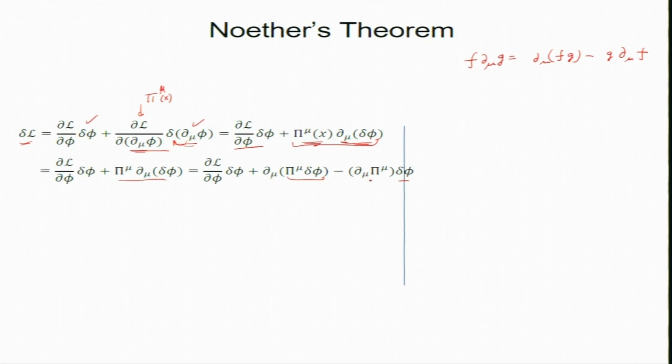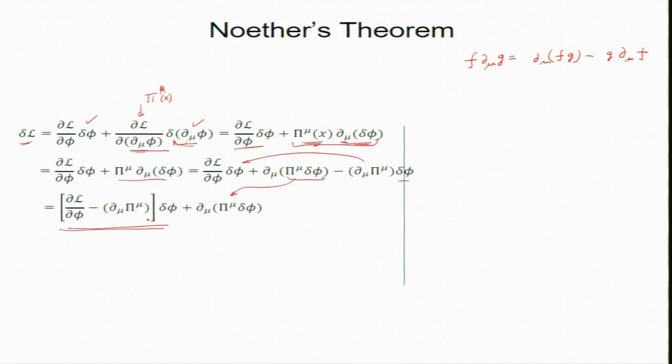Now, combine these two, delta phi is outside. Delta phi is arbitrary. So, this term is coming here and this term is coming here. Now, Euler Lagrange equation is still valid. So, what happens to the first term is 0. Whatever delta phi you choose, it does not matter, the first term is 0 and this is the second term.